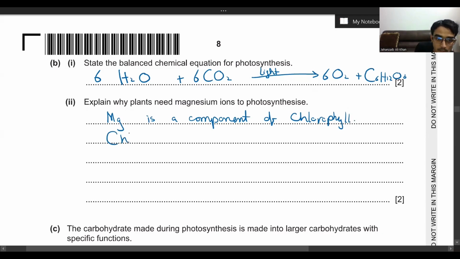Chlorophyll converts light energy into chemical energy for the process of photosynthesis.